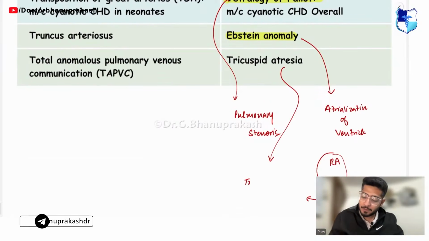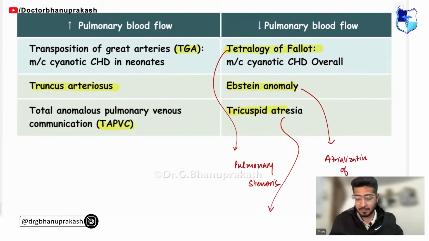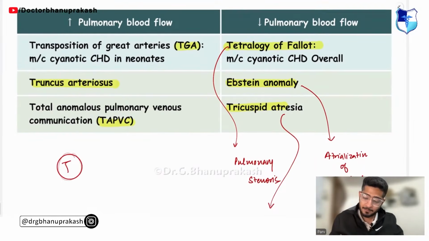That means the tricuspid valve is not properly opened, it's closed, so less blood is going to go from the right atrium to the right ventricle. In all these cases, pulmonary blood flow will decrease, whereas in TGA, truncus arteriosus, TAPVC, blood flow is going to increase. So all the T's are actually the acyanotic heart diseases.